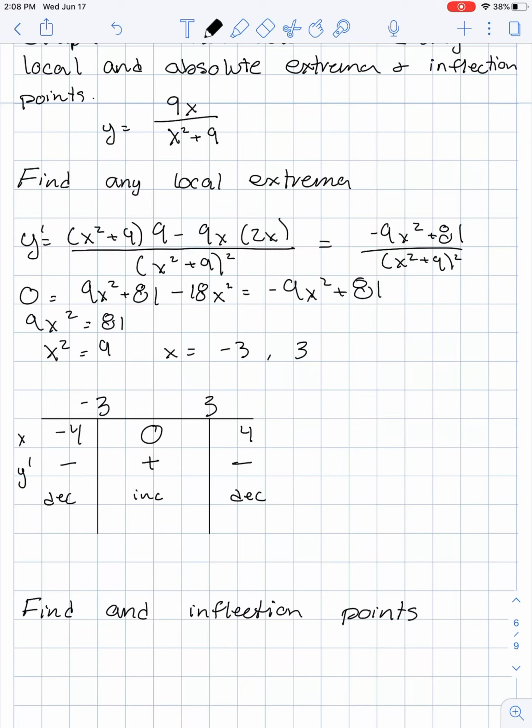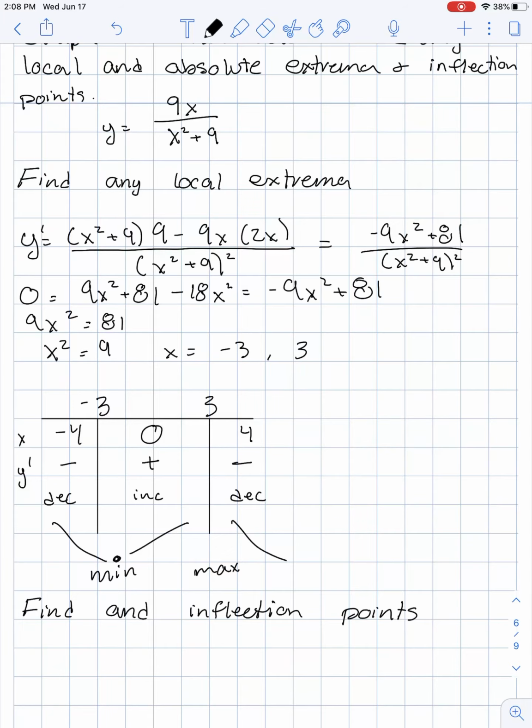So going down, up, and back down. So down, up, down. So that means right here at negative 3, I have a minimum, and at 3, I have a max.